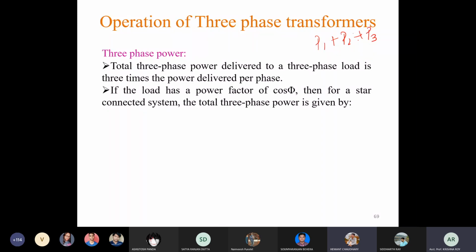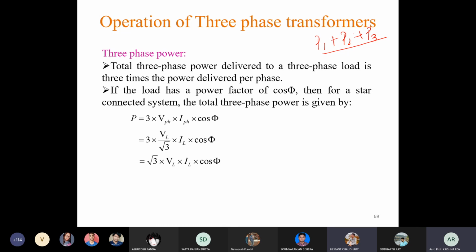So if they are equal, we can multiply by 3 to get the total power. And if the load power factor is cos phi, then for a star connected system the equation will be P equals 3 V phase I phase cos phi, and putting in the relation of line parameters, we can write this as root 3 VL IL cos phi.